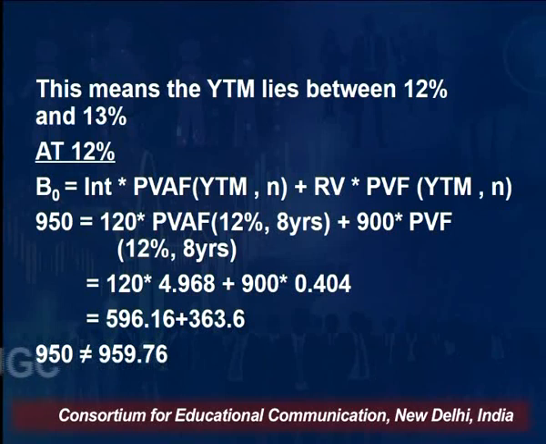You can find this with the help of tables, and these days with the help of an Excel sheet also. If a person is getting 120 rupees at the end of each year for 8 years, and the rate of discount or the rate of interest is 12%, what is the present value annuity factor?